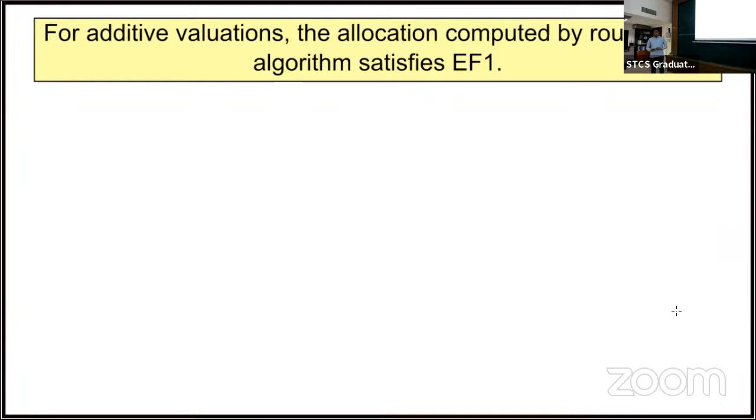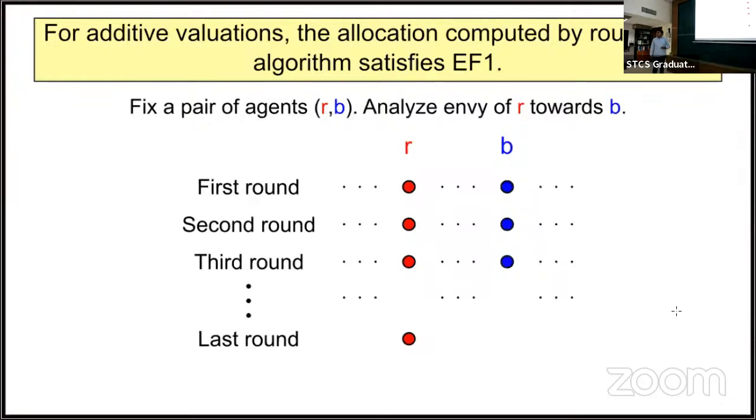Let me try to at least sketch an argument for why that is. Remember, EF1 is a pairwise property. We have to look at every pair of agents. So let me fix some pair of agents, red and blue, and analyze the envy of red towards blue. There are two cases: whether red is ahead of blue in the ordering or behind blue.